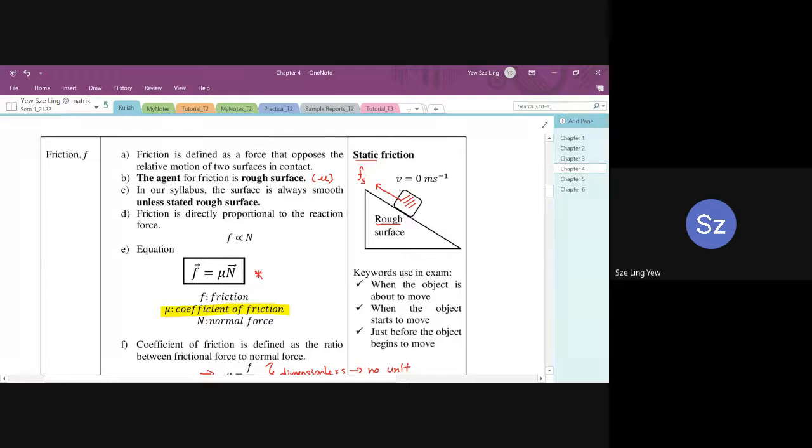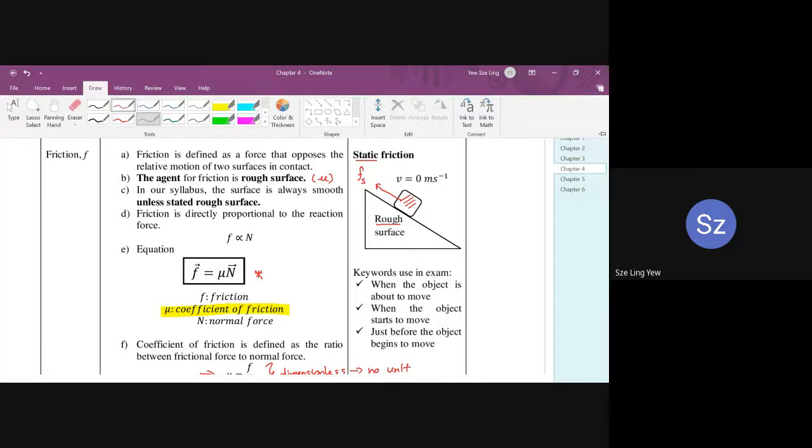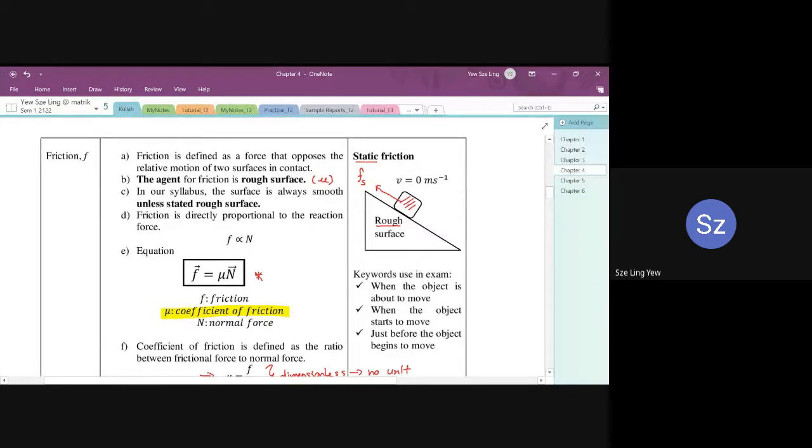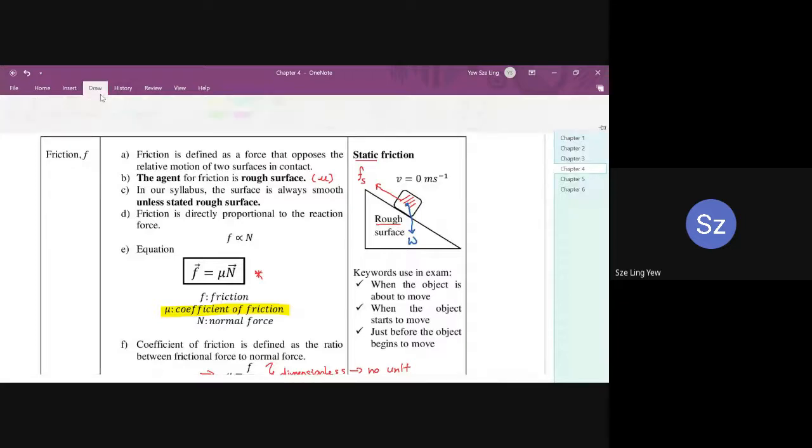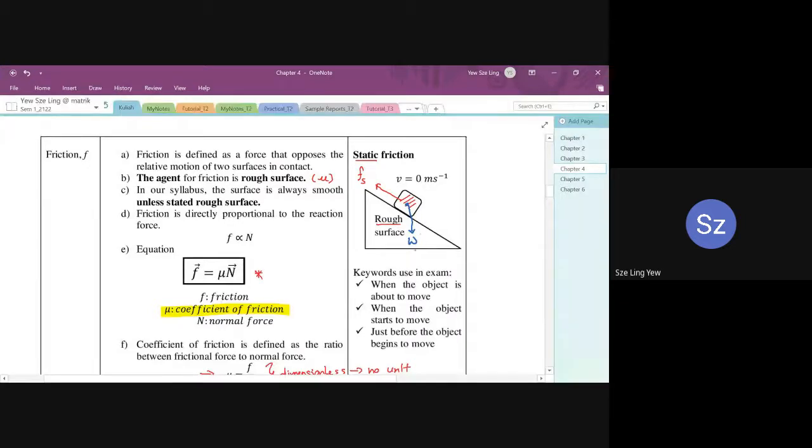Now for this non-moving object, there are actually two forces acting on it. One force is the frictional force. Another one is the weight, which is still going down. Of course, our main focus in this diagram is the frictional force, so make sure you know how to determine the direction of static friction.